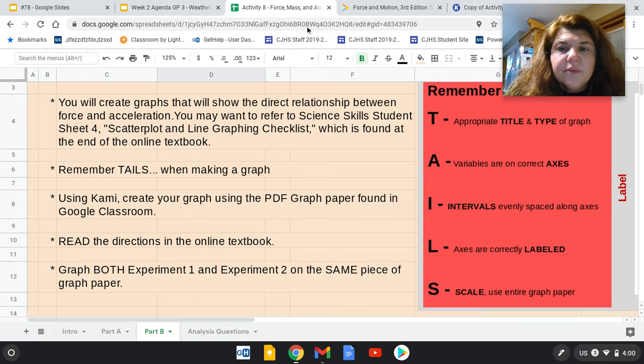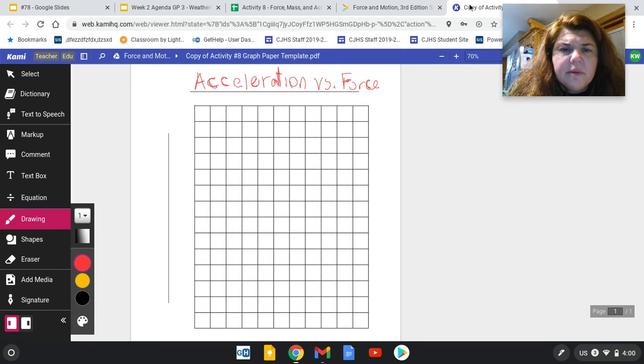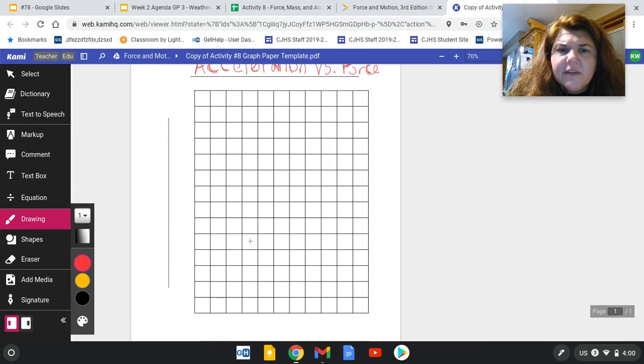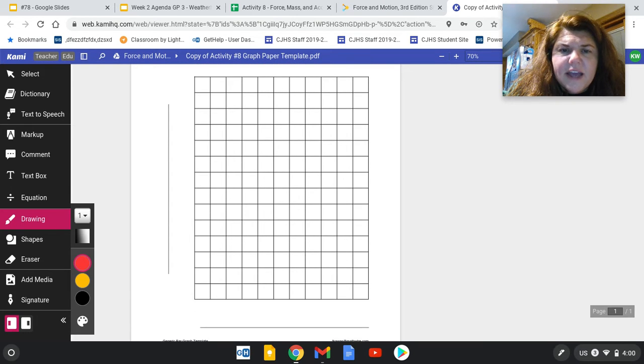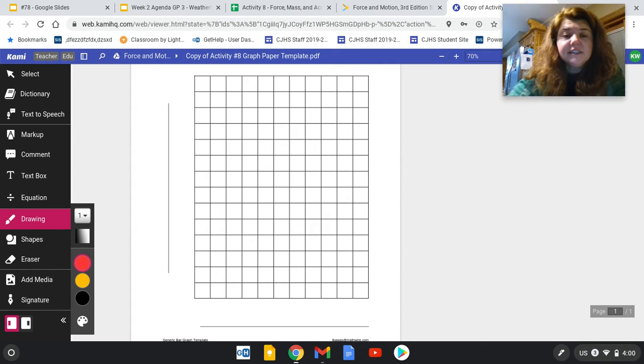Now, the next thing that we're going to look at is the A, which is variables on the correct axis. So we need to know which axis is which. I don't know if you have a way to remember which axis is which, but we know we have an x-axis and we have a y-axis. The way I remember the different axes is by shaking and nodding my head.